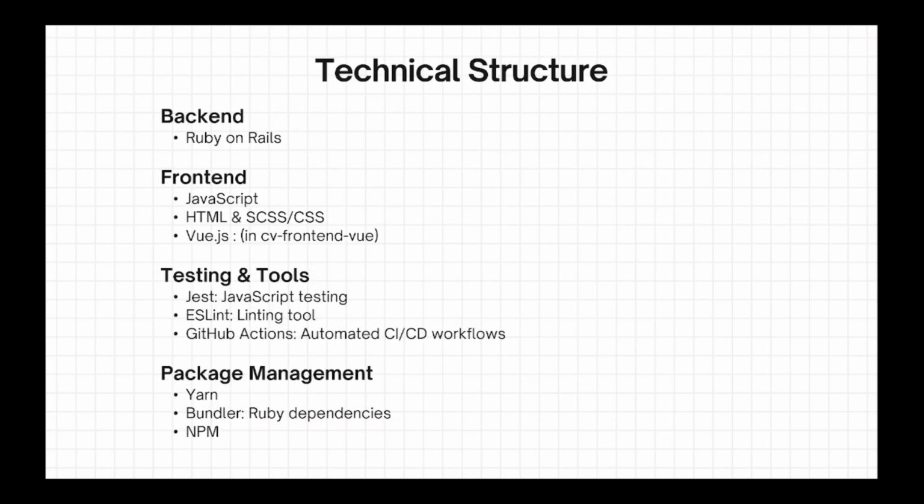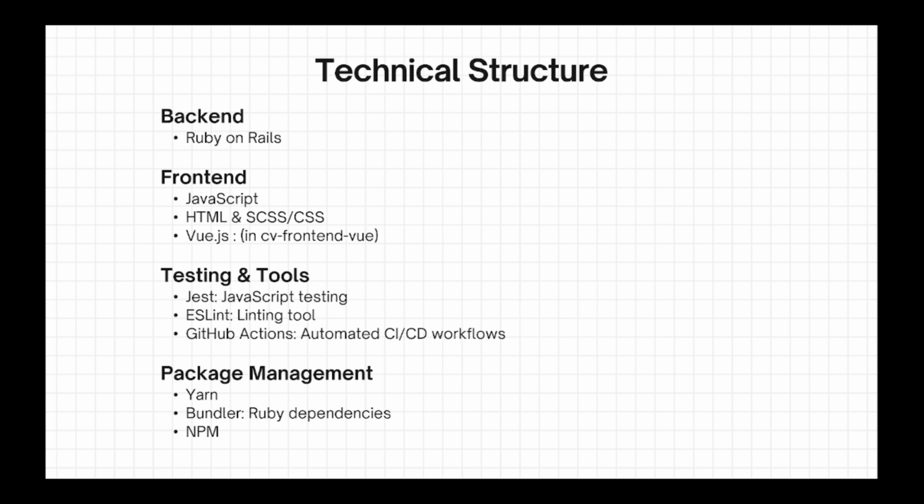Now, let's talk about how CircuitVerse is built. It's structured to be both robust and efficient. So, the backend is powered by Ruby on Rails, providing a strong foundation for the platform. On the front end, we have JavaScript, HTML, CSS, and Vue.js, which powers some of the more dynamic parts of the UI.